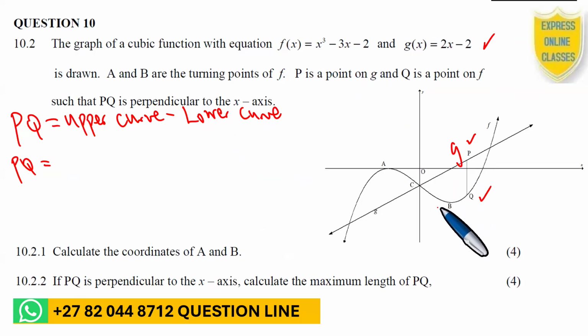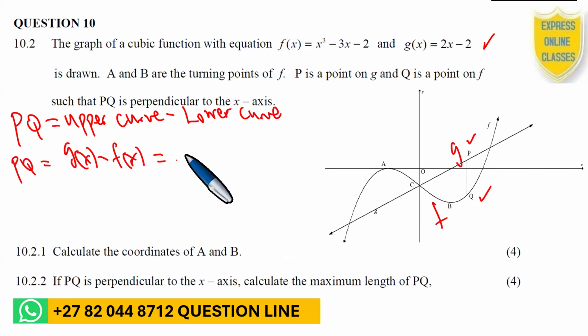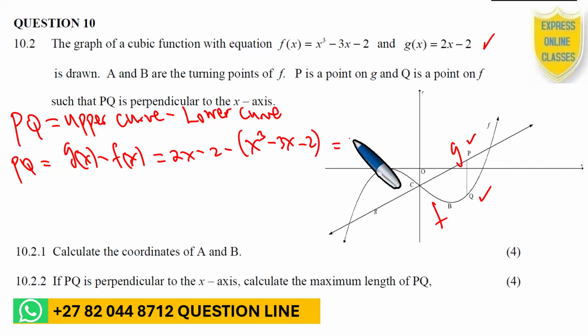The lower curve is the cubic, because the cubic is below here. So the upper curve is g of x minus the lower curve, which is f of x. And g of x is 2x minus 2 minus f of x, which is x cubed minus 3x minus 2. Therefore this is 2x minus 2 minus x cubed plus 3x plus 2.